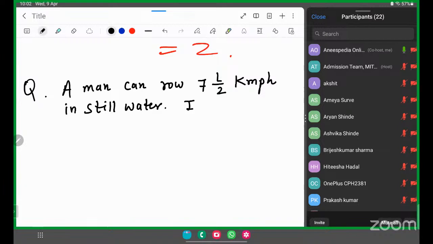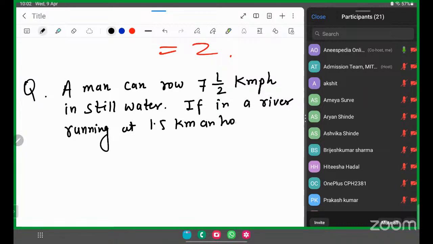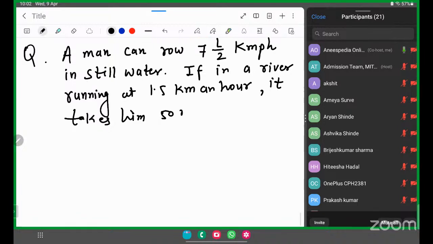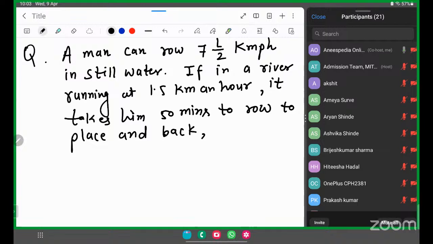If in a river running at 1.5 kilometer an hour, it takes him 50 minutes to row to a place and back. How far off is the place?